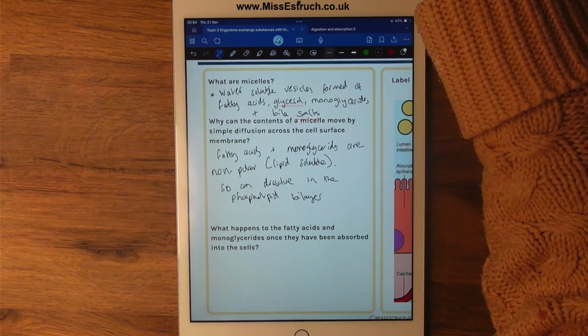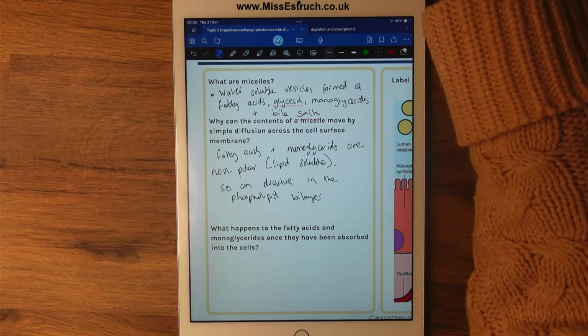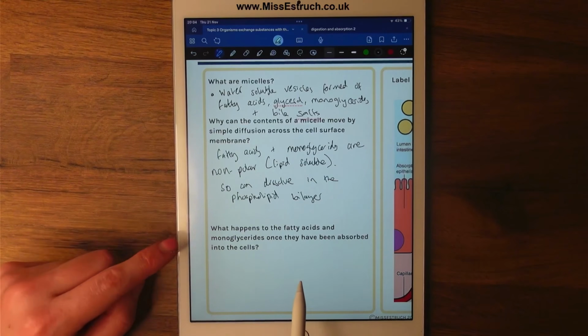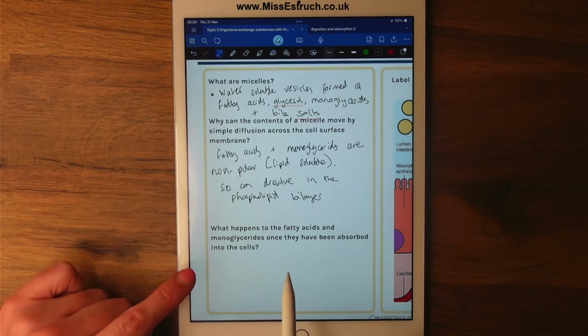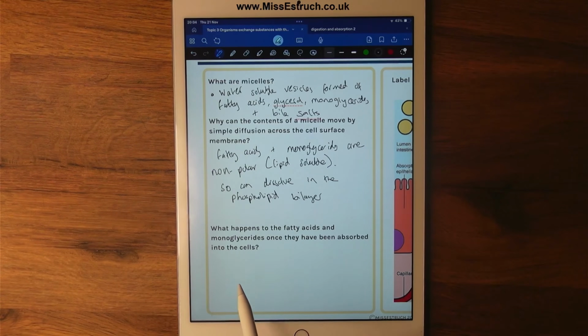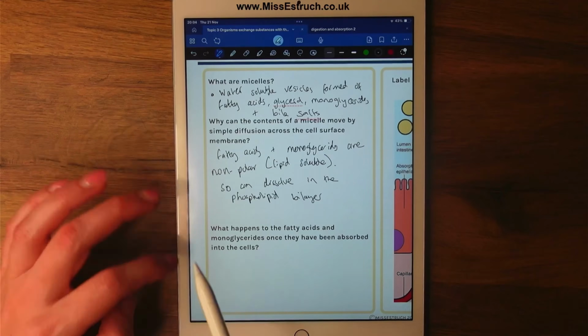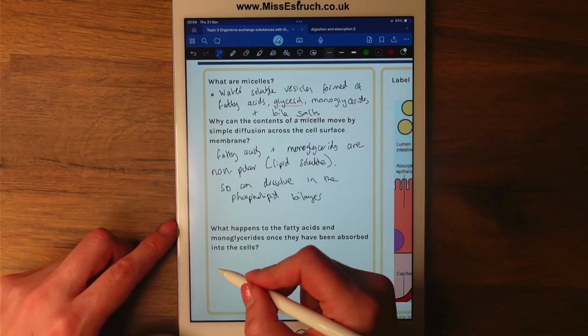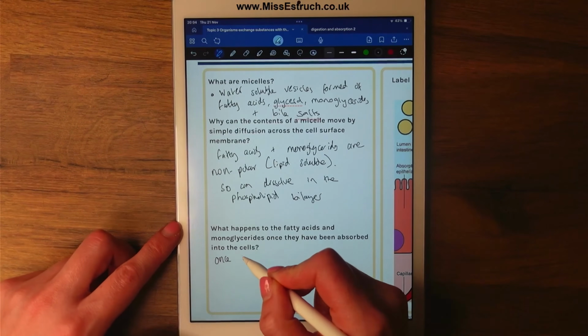Next question is, what happens to the fatty acids and monoglycerides once they've been absorbed into the cells? This is now going on from digestion to absorption, but also what happens after absorption.